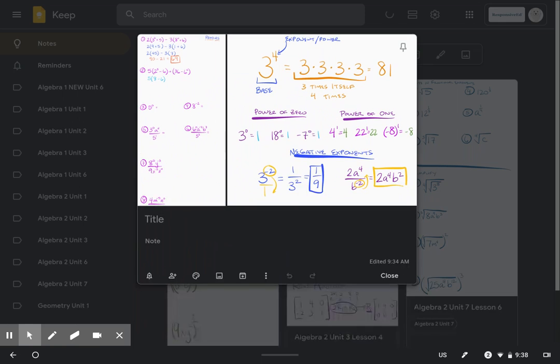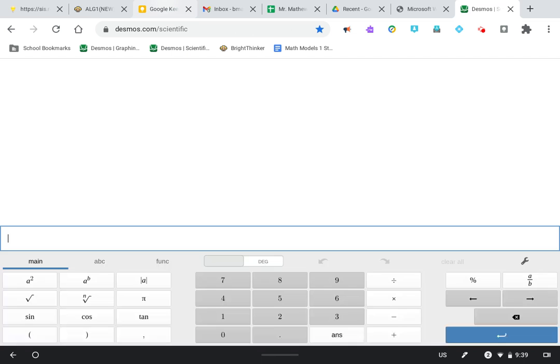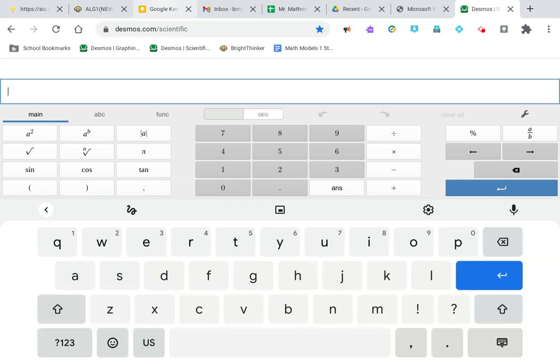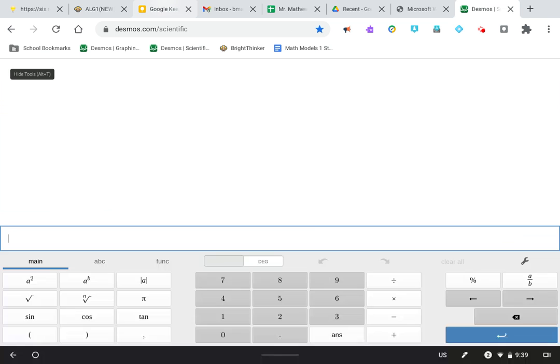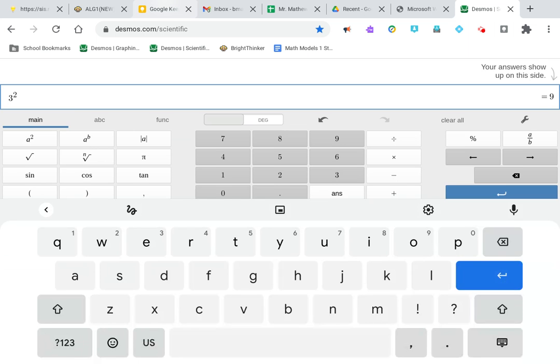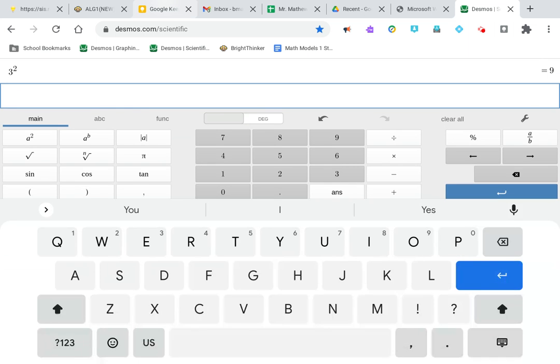But also, if you're really not comfortable with that, just use your calculator, or you can use the Desmos calculator, which if you see has buttons for, let me grab my laser pointer, has buttons for squared, and then this button can be used for other powers. So for instance, if I want to do 3 squared, I'll do 3 squared like that, and it gives me an answer of 9.